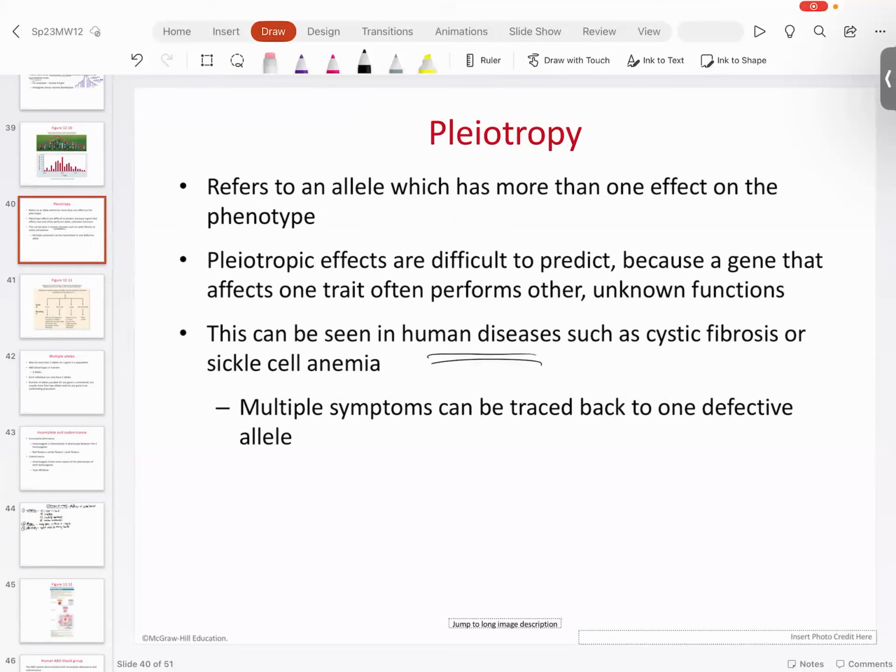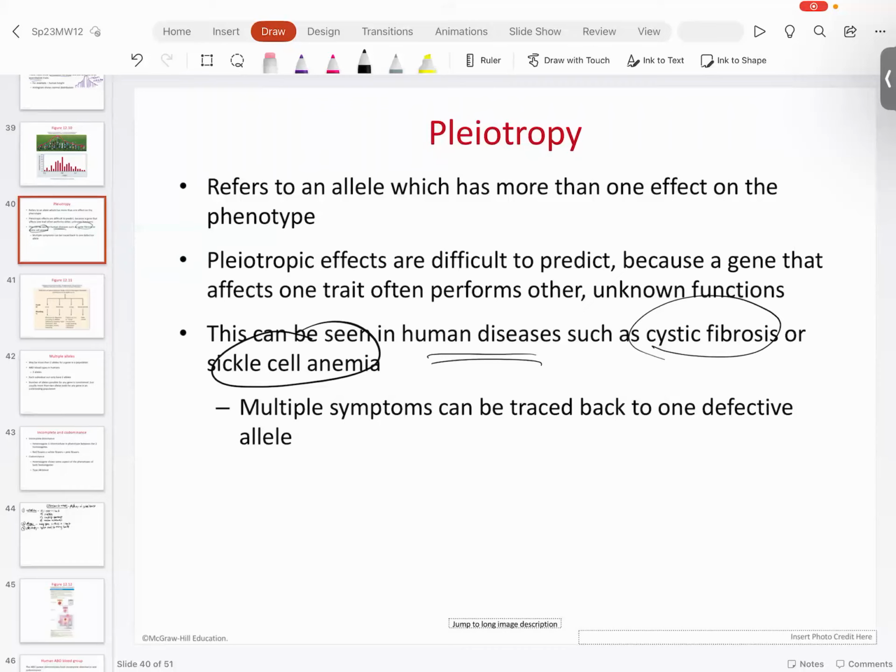Because typically what happens is, like in a human disease, we'll have one gene that causes the disease, but the disease itself will have multiple different symptoms, right? A good example is cystic fibrosis. Sickle cell anemia is another good one that we see. So when you take a look at these, like cystic fibrosis is a really good example, right?